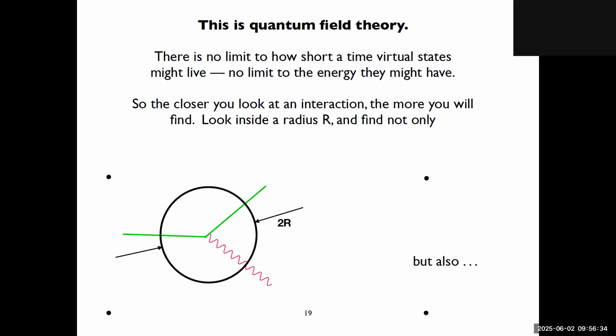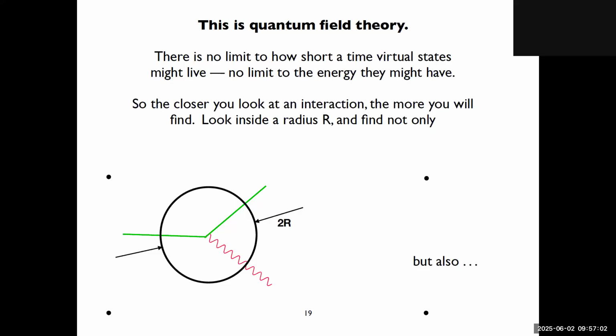So if there is a quark or it has a supersymmetric partner that's 20 times, 200 times the mass of the top quark, then that will live 20 or 200 times less long, shorter than the time a virtual top quark would live.